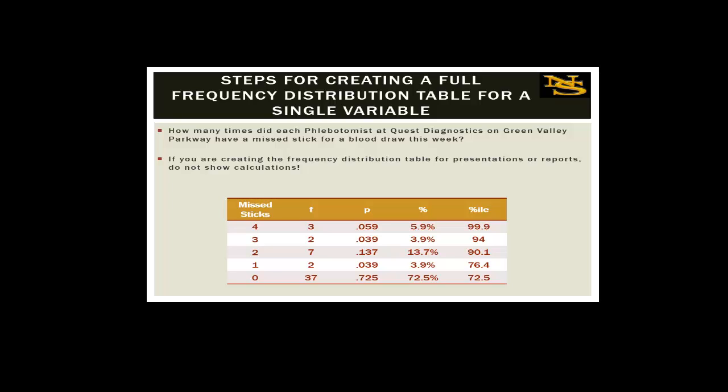So for instance, 72.5% of this population have a score of 0 or less. Well, there's nothing less than 0, so it makes sense that that's equal to the percentage of people that have 0. Then up here, 76.4% of the population had 1 or fewer missed sticks for a blood draw, and so on and so forth.